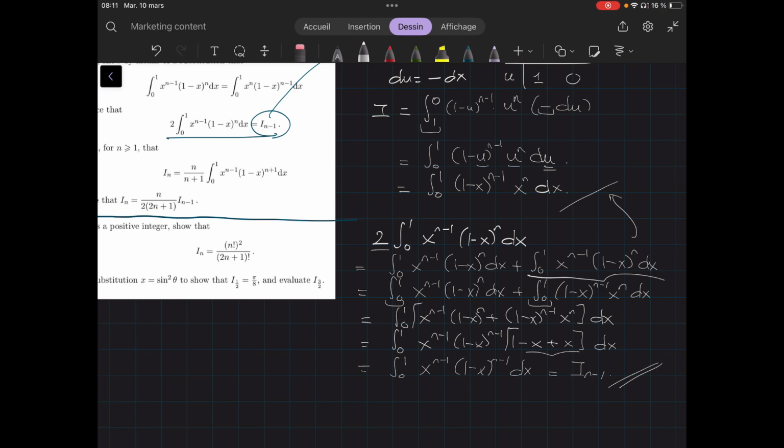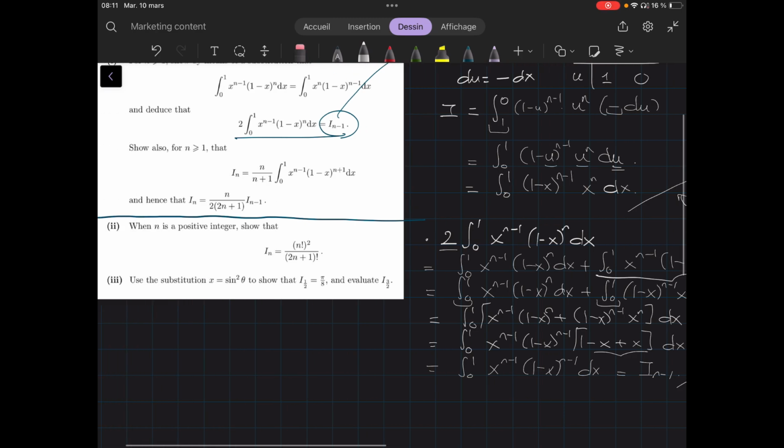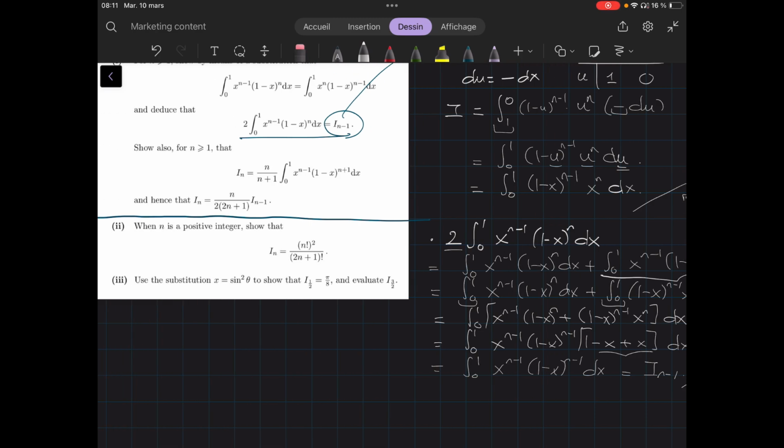So that is the second part of the question done. Third part of the question. We want to show that I of n is equal to this expression over here.